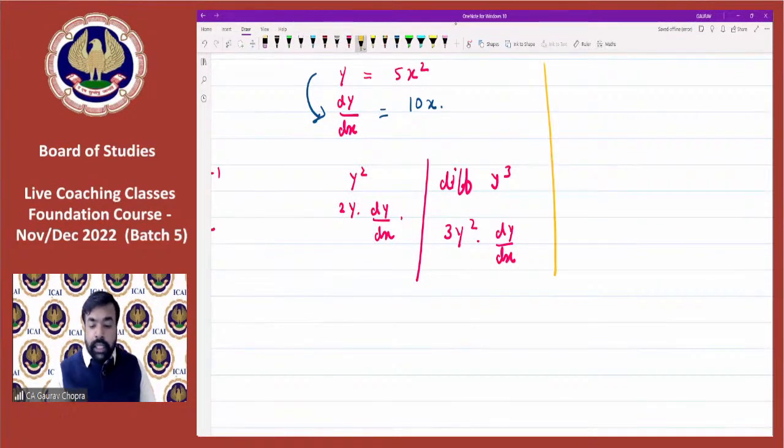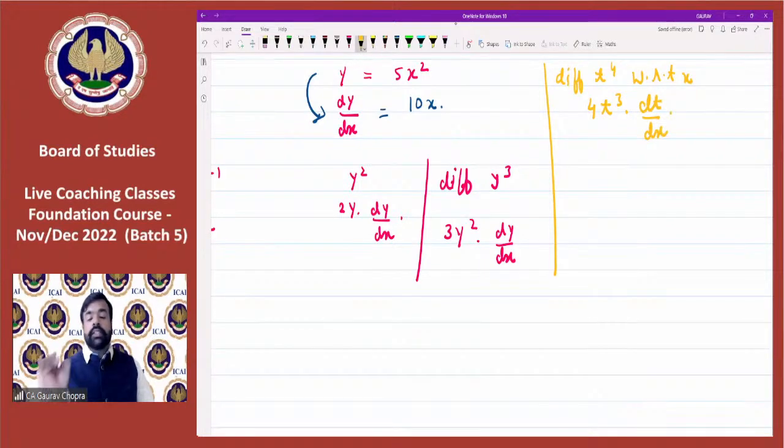Let's say we have to differentiate t to the power of 4 with respect to x. Then what will happen? 4 will jump forward, t cube multiplied by dt by dx.